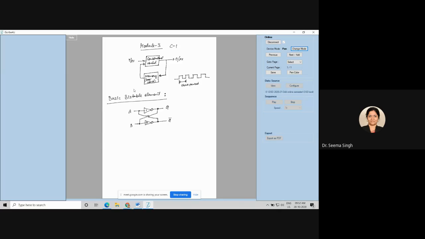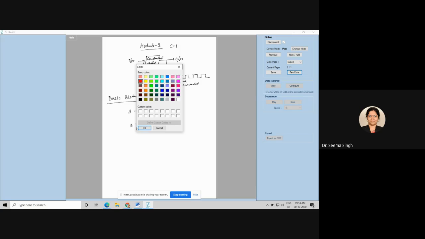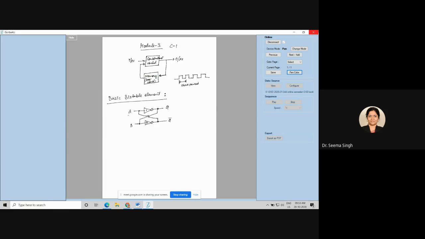Now all of you please understand this carefully. If A is equal to 0, this NOT gate will make Q equal to 1. This 1 is fed back to B, so B is also 1, and it will be complemented by NOT gate 2, and Q bar will remain 0.